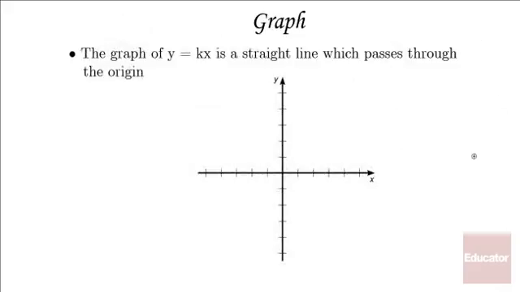Next, we'll talk about the graph of an equation described by a direct variation. The graph of an equation of the type y equals kx is a straight line which passes through the origin. K, the constant of variation, is actually the slope of this straight line. Recall that slope is the change in y over the change in x.